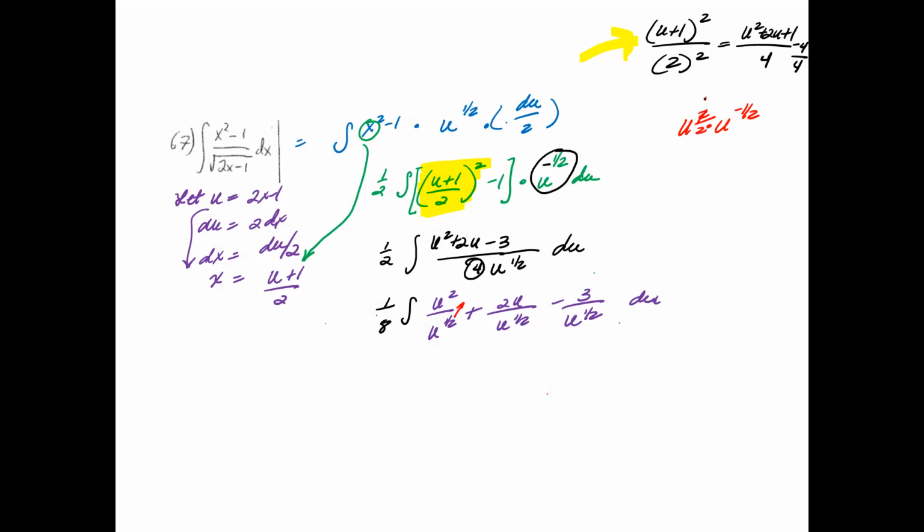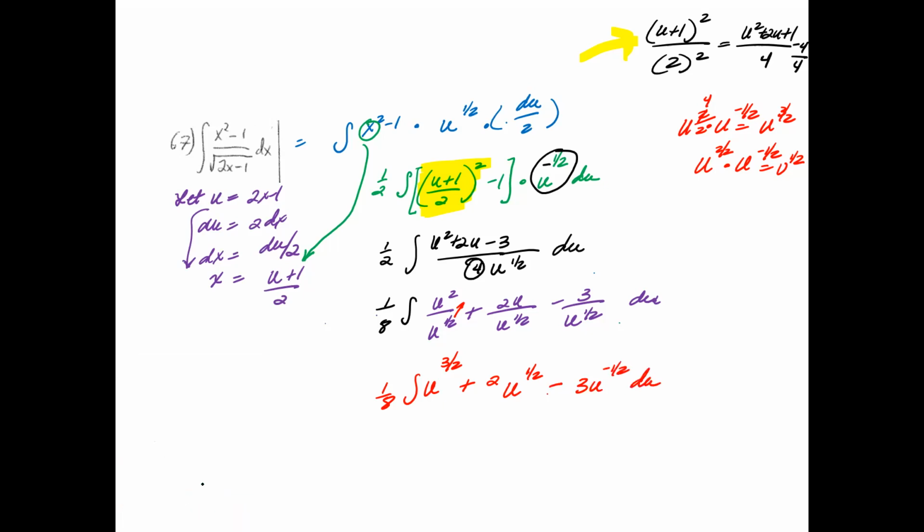This is a 2, and that'll be a 4, which will give you u to the 3/2. So 1/8 u to the 3/2 plus 2. Here you have a u times u to the negative 1/2. A 2 over 2 minus that is going to give you a u to the positive 1/2 minus 3u to the negative 1/2 du.